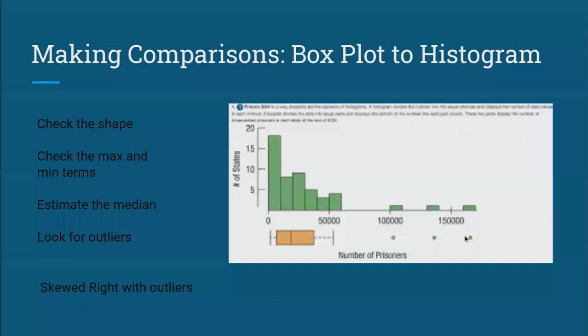So this graph would be described as skewed right with outliers. So most of the data lies here. And then we had these values sitting out here, 100,000. That's probably 140,000. That's probably 160,000 because they are moving by 10,000, 10,000, 20,000, 30,000, 40,000, 50,000.